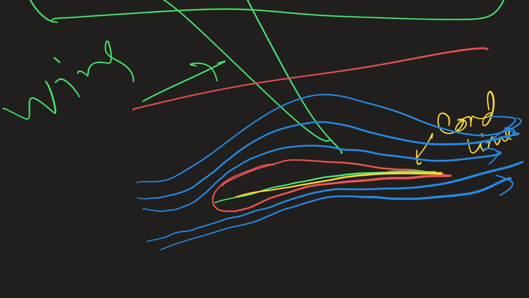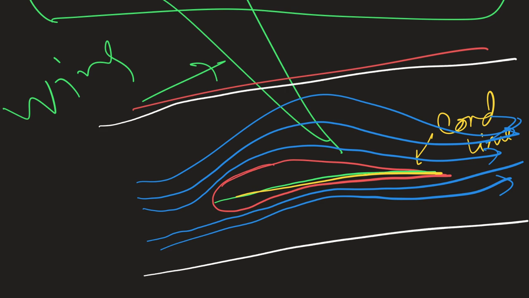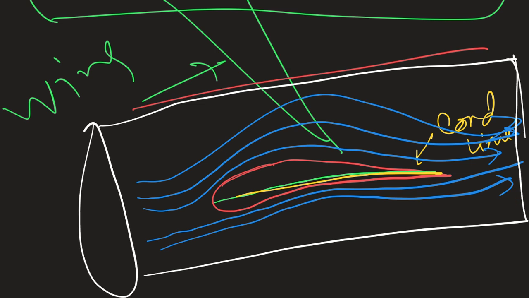So if we take an imaginary boundary, let's say this is a tube, an imaginary tube, the tube we discussed earlier. Now in this imaginary tube, the cross section area here is more and the cross section area here is less because of the curvature of the wing.